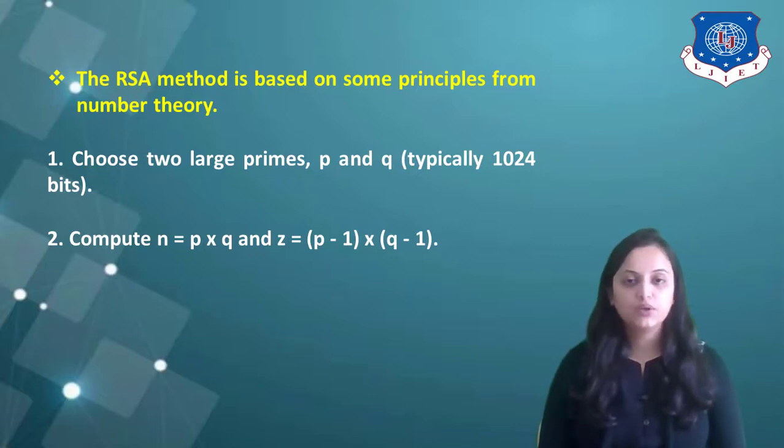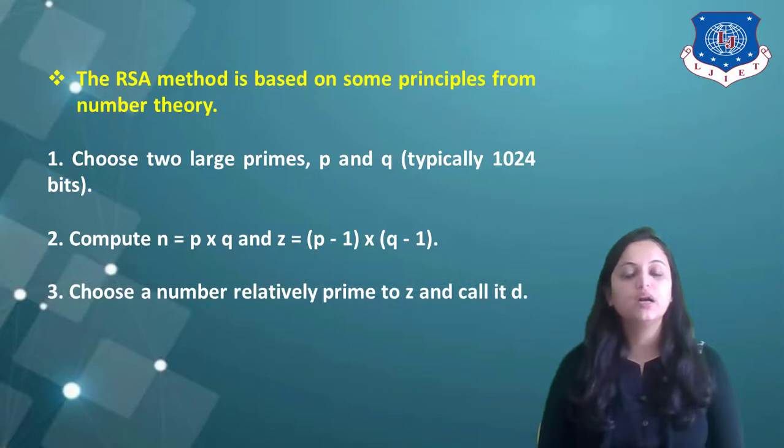And z equals (p minus 1) into (q minus 1). That means we subtract 1 from each of the selected prime numbers and then obtain the product of these two, which we denote as z. So step 2 is to compute the multiplication of p and q, denoting it as n, and the multiplication of p minus 1 and q minus 1, denoting it as z.